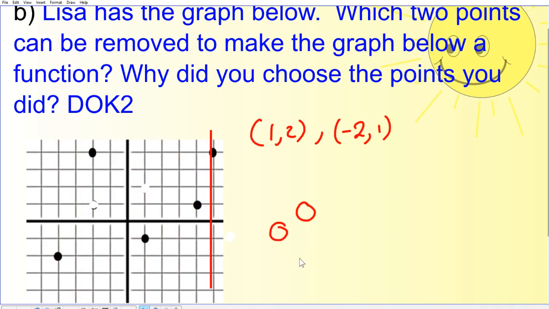That's what you'd want to say in your answer. You'd want to say, I'd remove whichever points you picked. And I'll be honest, you didn't have to pick this point up here. You could have picked this guy down here. And you could have picked that one there, or it doesn't matter. As long as you picked one of the points that made it fail the vertical line test, you're good. And you picked them because it made the relation fail the vertical line test.